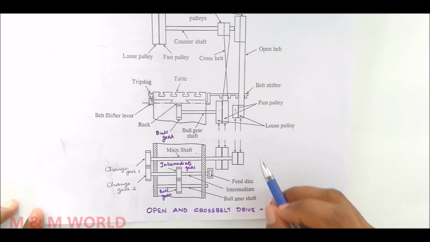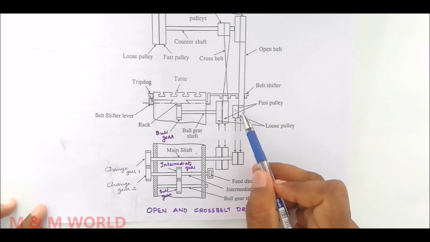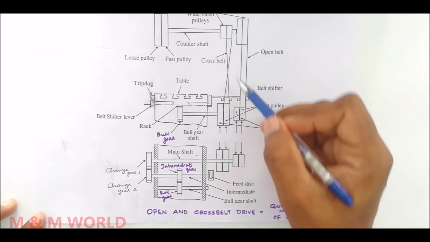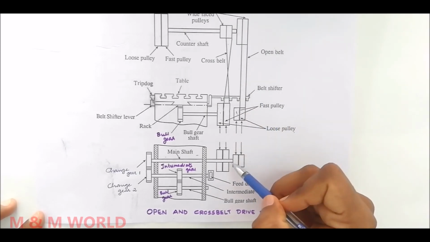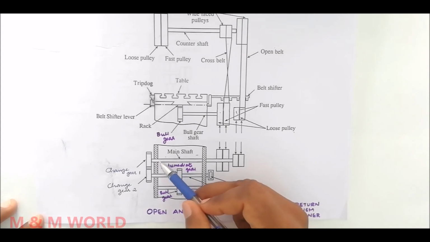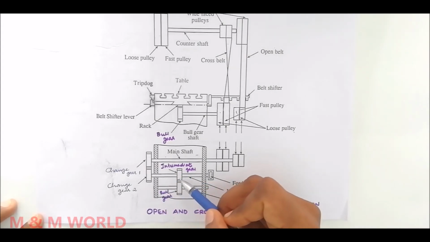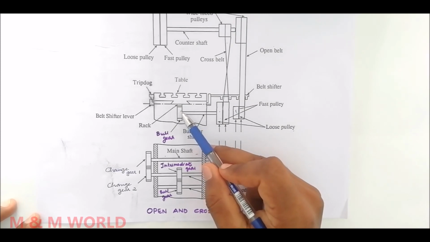Again, when the counter shaft rotates, the motion is transmitted from this larger diameter pulley to this small diameter tight pulley, so that the main shaft rotates and change gears 1 and 2 rotate, as does the intermediate gear, and the bull gear attached on the bull gear shaft rotates.